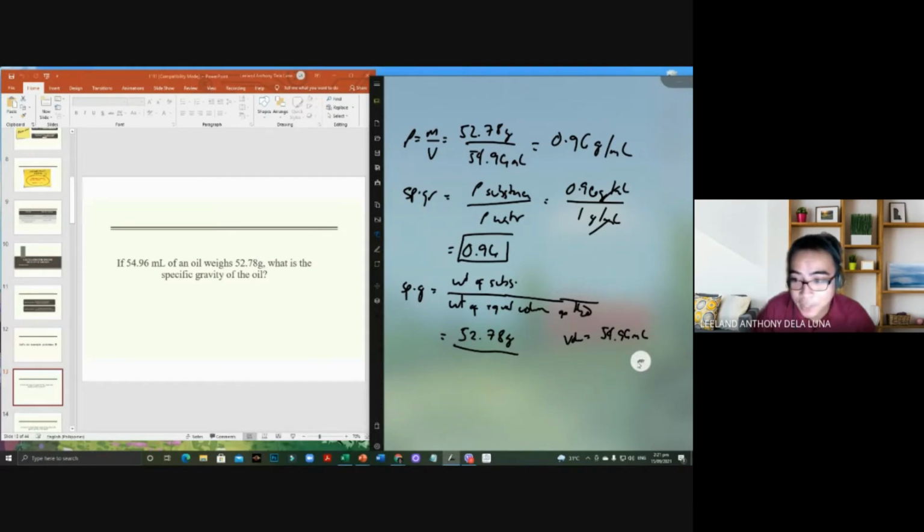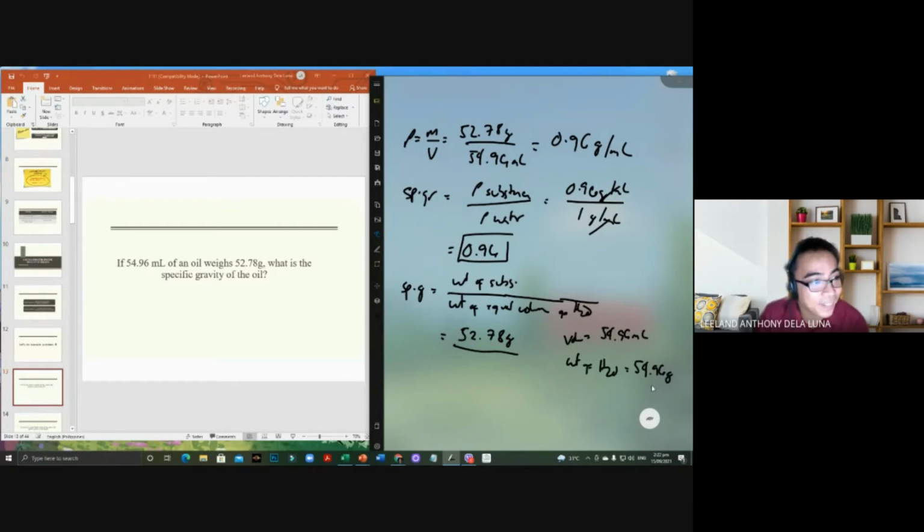Tama? So therefore, class, ang gagamitin ko rin na denominator dito should be the weight of water that is equal to the volume of the substance. So therefore, the weight of water that is equal to this volume is equivalent to what? E de yan that will be equal to 54.96 grams.